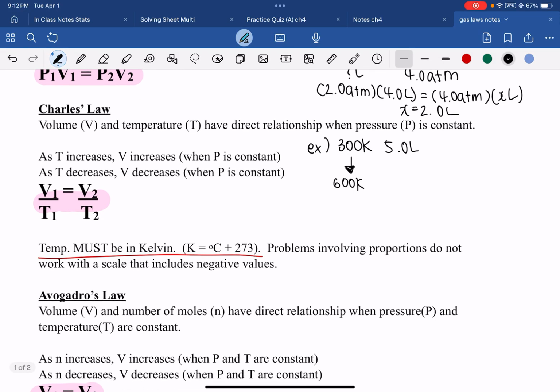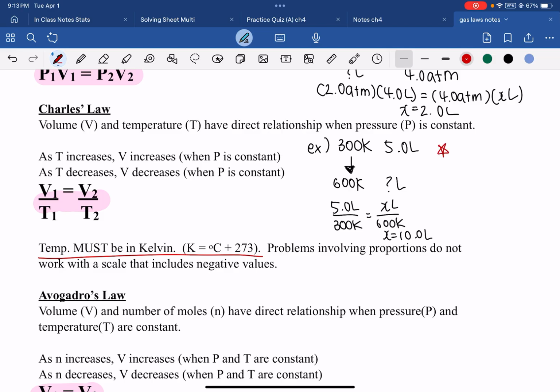Again, we just plug in the numbers into the equation. 5.0 liters over 300 Kelvin equals x liters over 600 Kelvin. And you should get an x value of 10.0 liters.